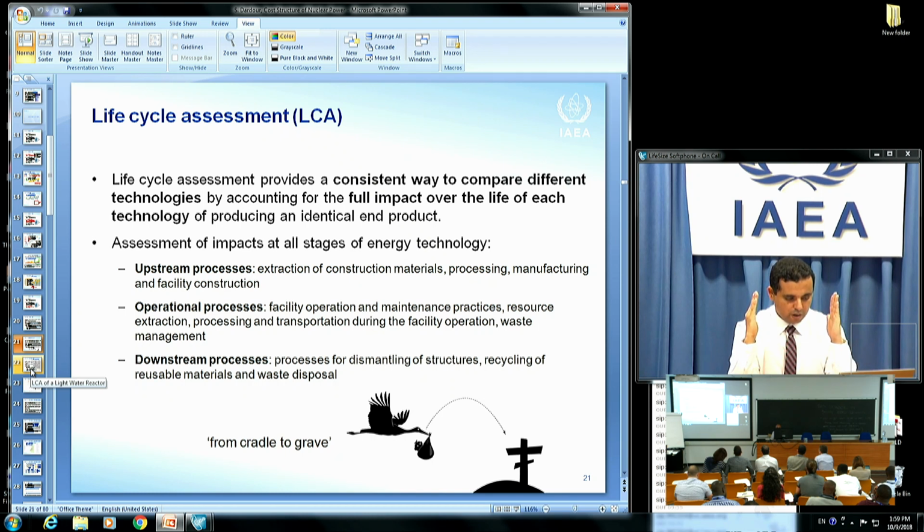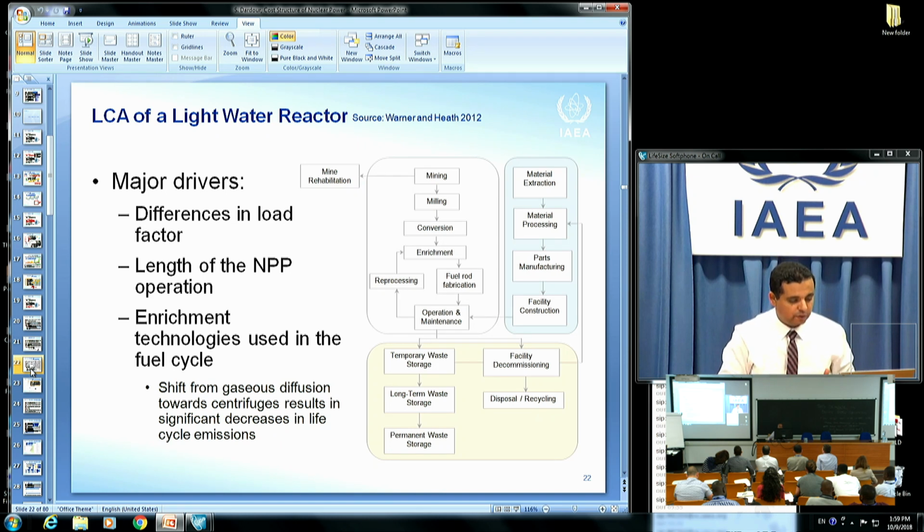So, for instance, for nuclear and for greenhouse gas emissions, for CO2 emissions, this is slide 22, we consider the emissions from mining of uranium to all the front-end aspects, enrichment, fabrication of fuel, etc., to the final decommissioning of the plant and management of radioactive waste. All these periods are taken into account when estimating what we call a lifetime cost.